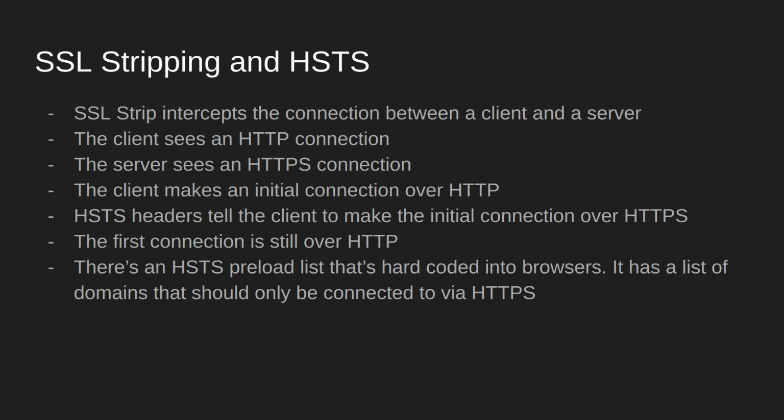And the way to fix that is to add your website to a list that I think Google maintains, and browsers will literally hard code your domain into their source code, so that when someone visits your website, the first connection will be over HTTPS.